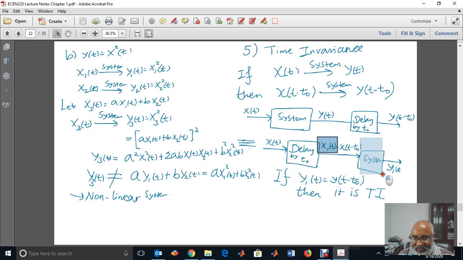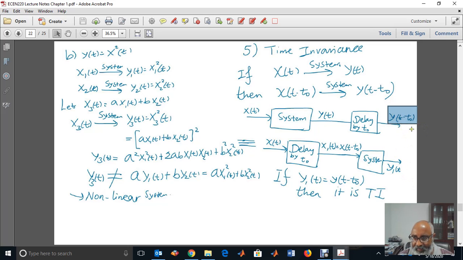Remember, this system and this system are identical, they are the same system. What I did is just change the location of the delay. I just swap the two: in the second system, first the delay and then the system; here in the first system, first the system and then the delay. Then I compare y1 of t and y of t minus t naught.